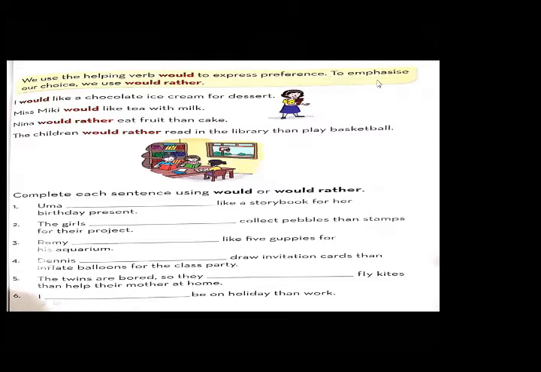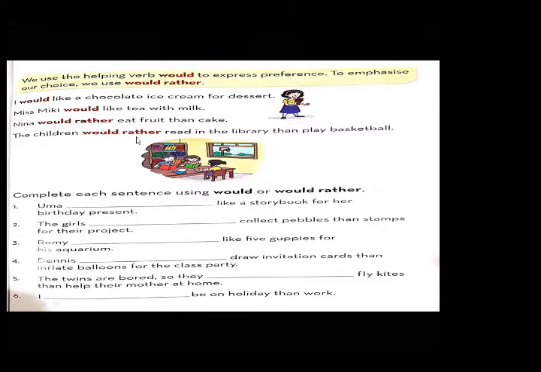I would rather like to take ice cream than milk. It means, if I have both the things, ice cream and also the option of milk, I would rather take ice cream than milk.